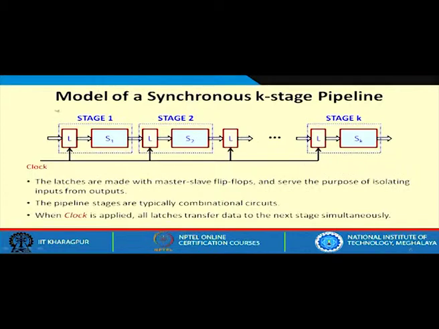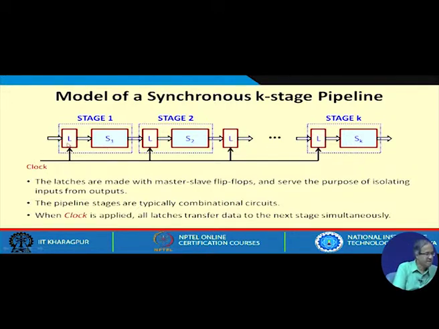I shall be showing a diagram. It looks like this. I am showing a schematic diagram of a k stage hardware pipeline. This is called a synchronous pipeline because there is a clock which is synchronizing the operation of all the stages. As you can see, there are k number of stages. Each stage involves some computation S1, S2 to Sk, and also there is a latch.